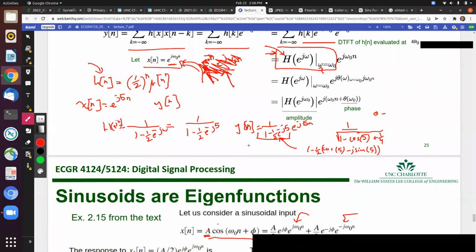Okay, so what's the real part? 1 minus 1/2 cosine 5, right? That's the real part, and that's in the denominator. What's the imaginary part? Minus sine 5, tan inverse. Done. Do we have the phase of that number?